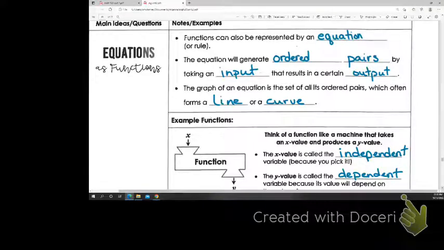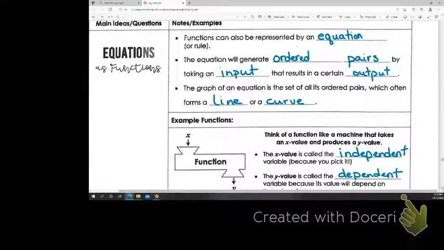All right, so on page 15, we're going to now look at equations as functions. We talked about looking at ordered pairs, graphs, mapping diagrams, and things to determine if a relation was a function. But equations can also be functions.